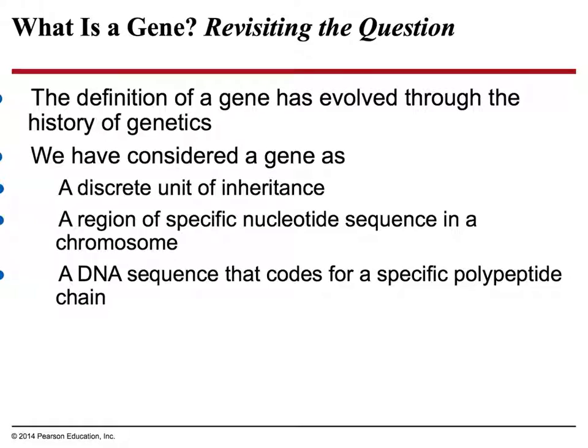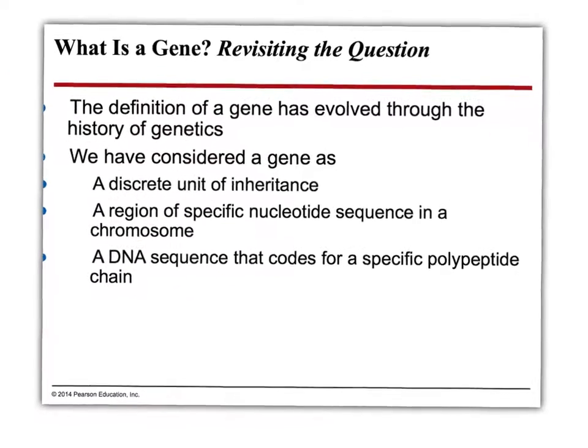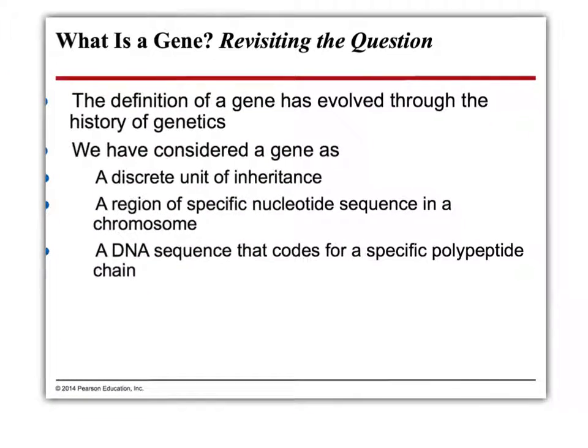So, in review, we started transcription and translation with the idea of what a gene is. We know a gene codes for a protein. It is heritable. It's part of the DNA chromosome, and it's passed on from one generation of cells to the next through DNA replication.